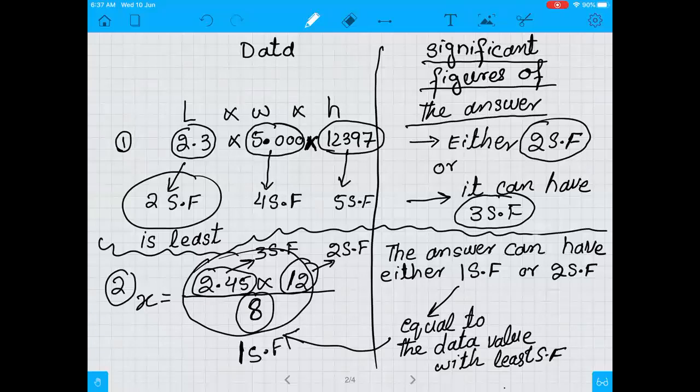So the answer, if you write one significant figure, then you are exactly following the significant figures equal to the least significant figures. If you write two significant figures, then you're writing one significant figure more than least. So you will either write significant figures equal to the least significant data, or you'll write one significant figure more.